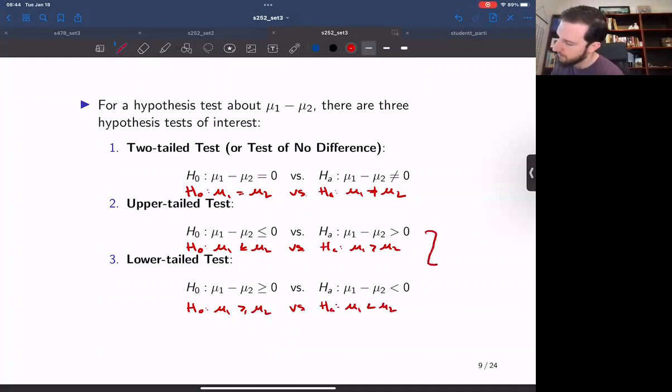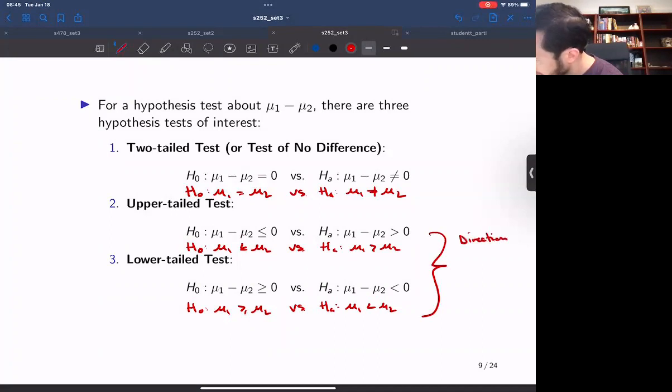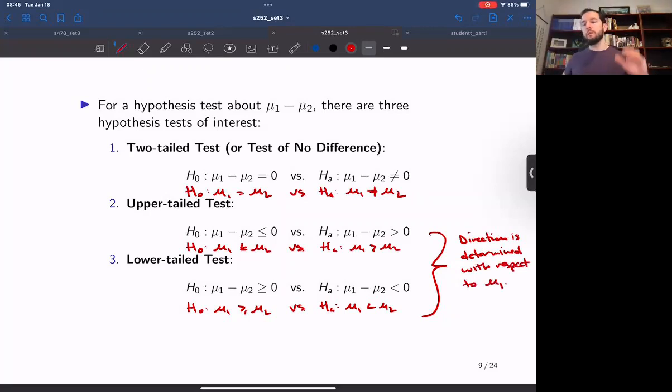All right, and the direction is determined with respect to mu1. So when we specify upper tail or lower tail, it's with respect to mu1. Any questions?